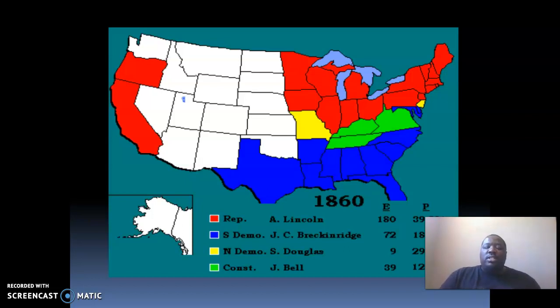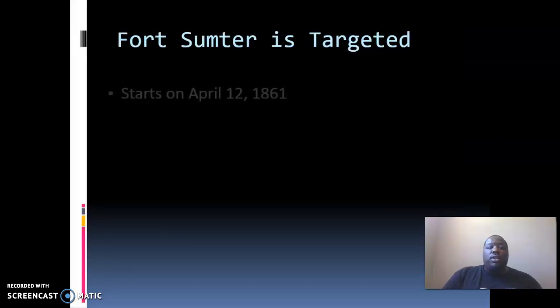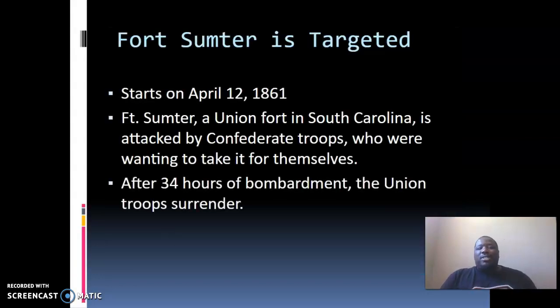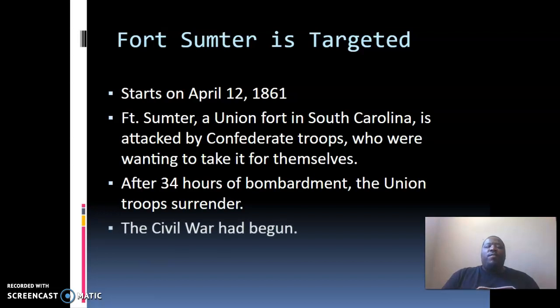In the election of 1860, President Lincoln did win that election, and he would go on to serve as the president of the United States, at that time, the Union. However, things would change again as the Confederate States of America broke apart or seceded from the Union and formed essentially their own country.